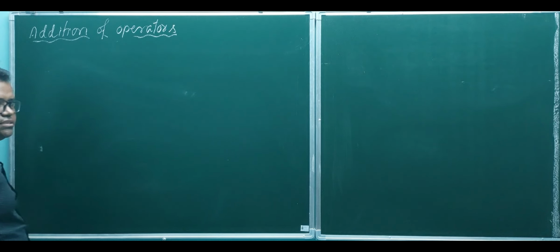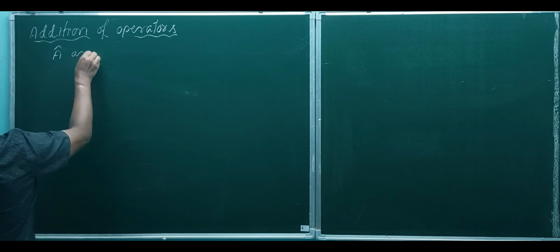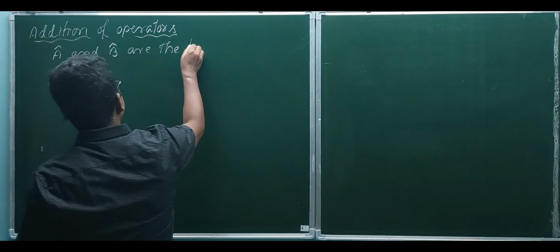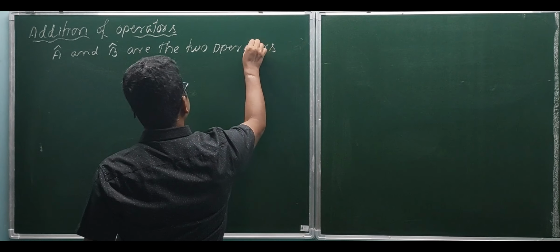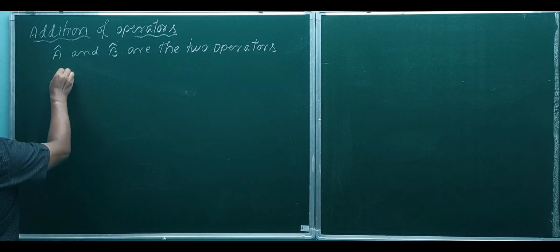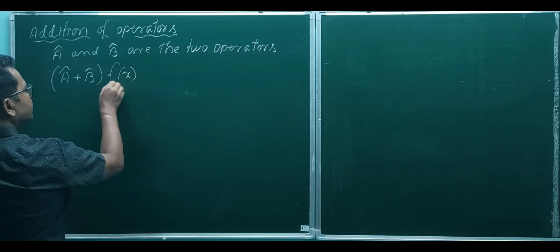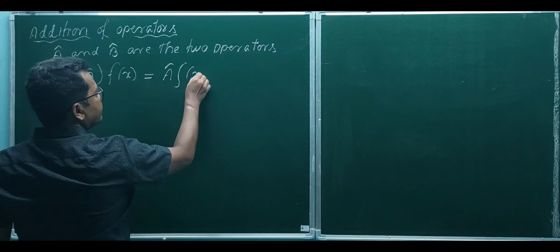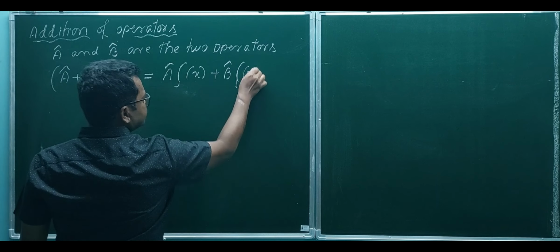So addition of operators is defined as follows. Suppose A cap and B cap are the two operators, then addition of the two operators is given by (A cap plus B cap) operating on a function f(x) equal to A cap f(x) plus B cap f(x).